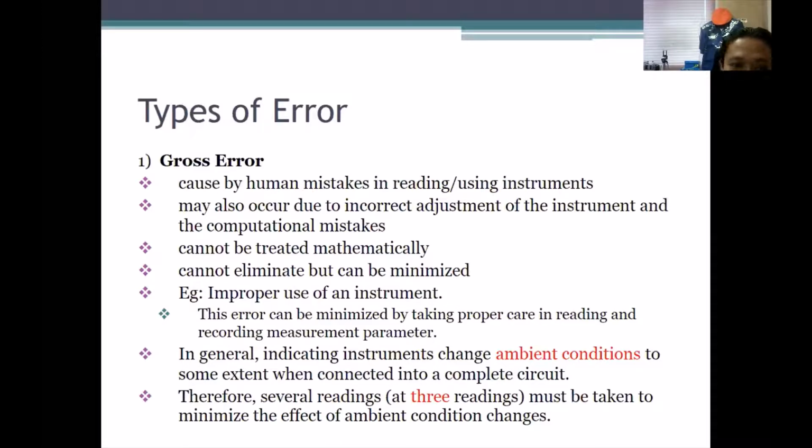Sometimes we call this the gross error, and some books refer to it as human error, maybe a mistake in the reading. That's why we have to take more than one reading, more than one measurement.